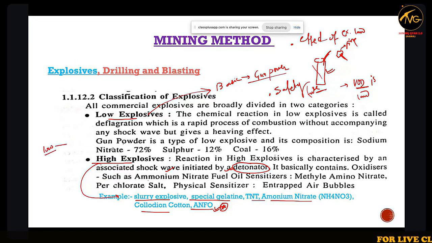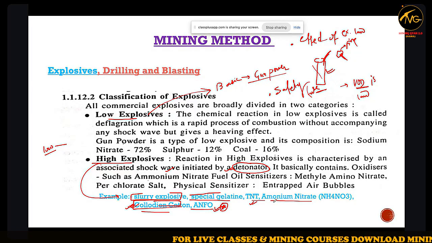You will not know colloidal cotton, so you may mark is low explosive. So you should know this is high explosive. Celery is high explosive. Special gelatin is high explosive. TNT high explosive. Ammonium nitride is also high explosive. NFO is also high explosive.